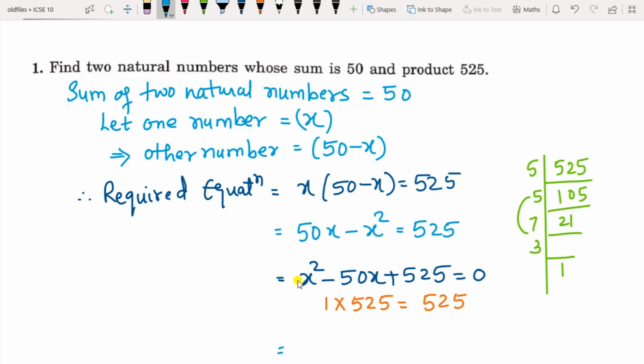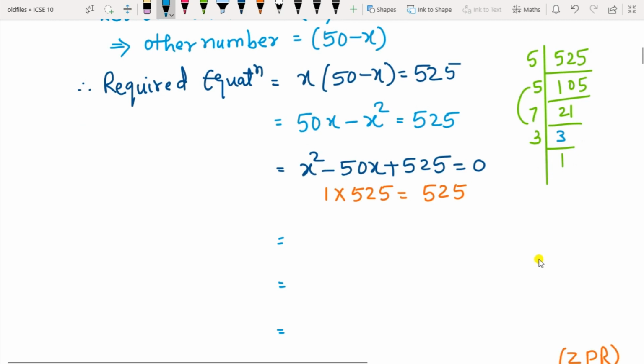Now multiply the coefficient of the x square term and the constant, it is 525, and find the factors of 525 here. So you will get 35 and 15, which add up to give minus 50 at the center.